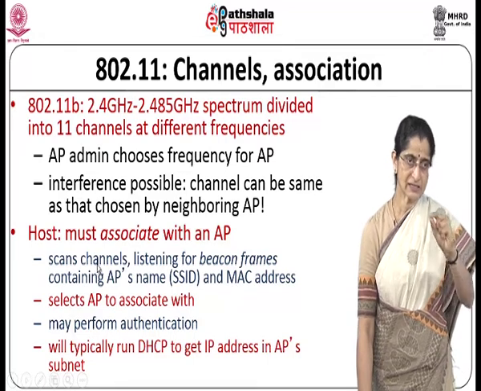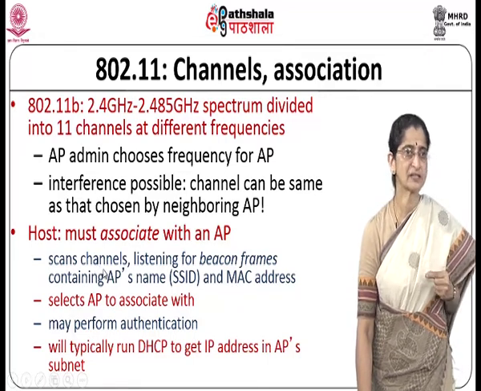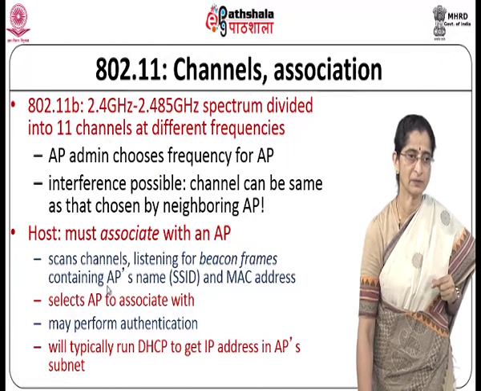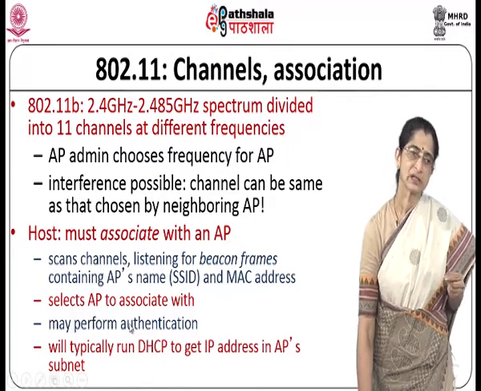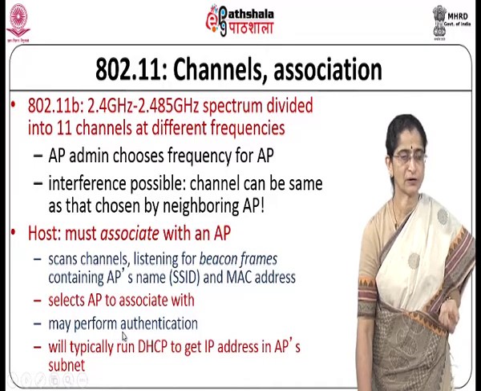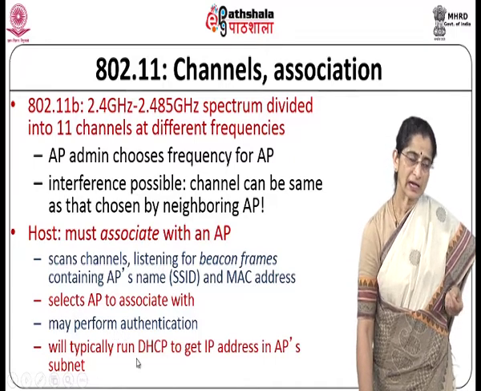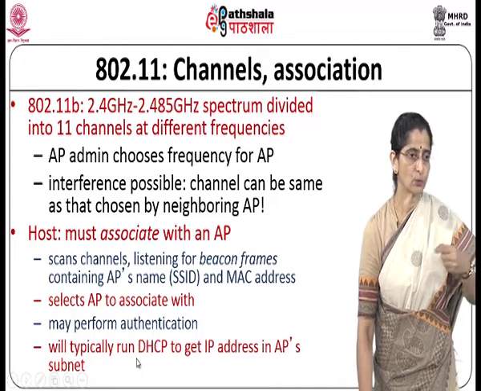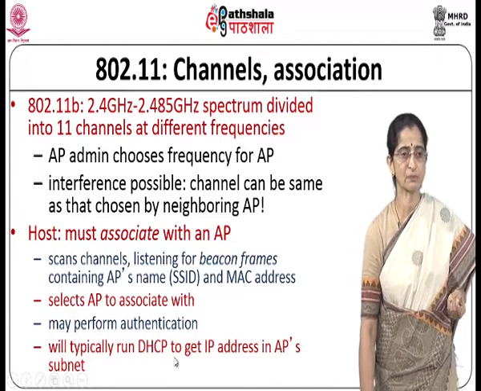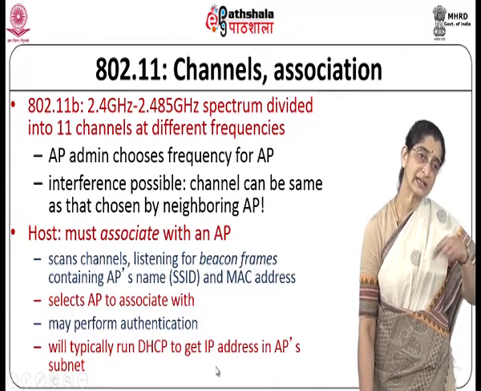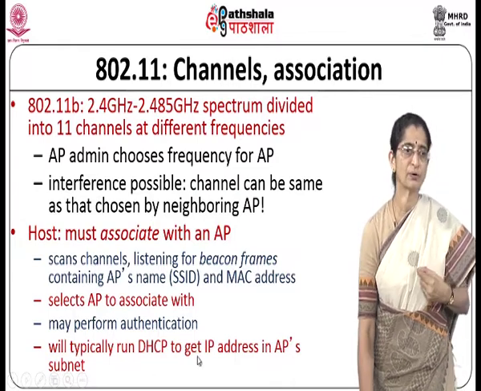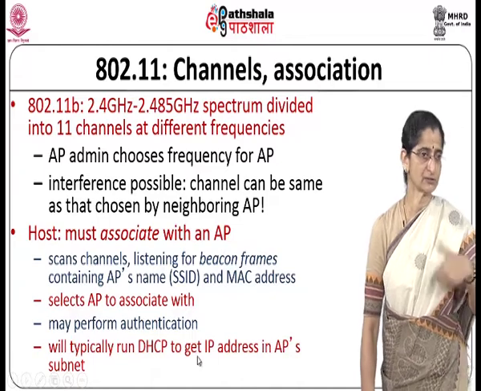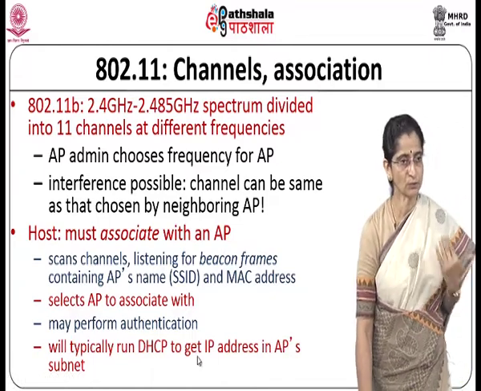Once it gets this beacon frame and identifies that there is an access point available, it will have to select one of those access points to associate with. Then it can perform some kind of authentication mechanism so that it will be able to connect. Once it is connected, it can run DHCP to get an IP address in that AP's subnet. That AP will be connected to some subnet, so this device will be able to get an IP address in that particular subnet. This is what we expect to normally happen.